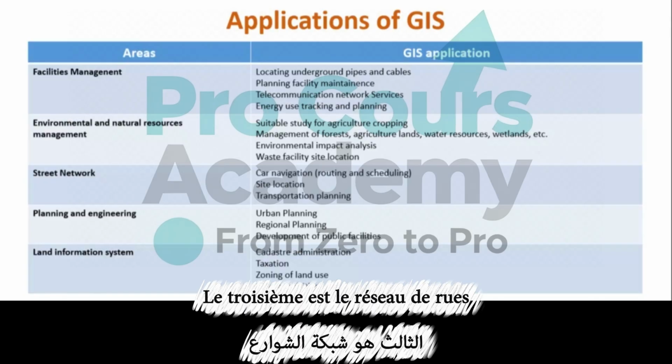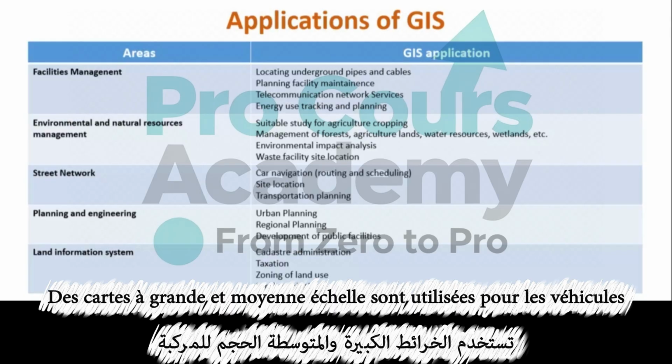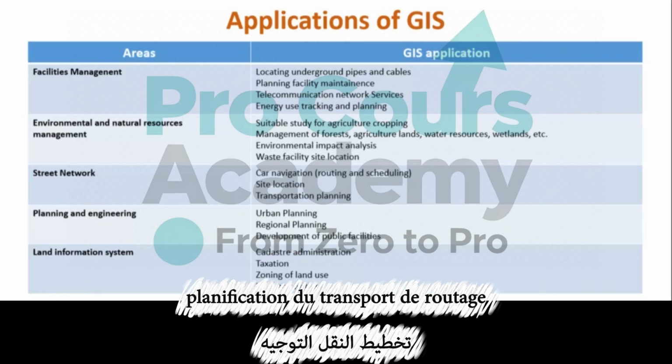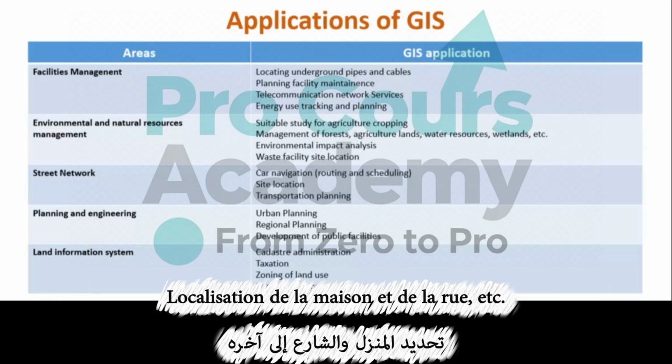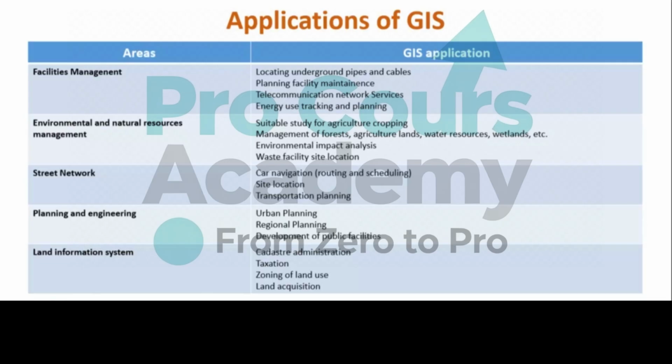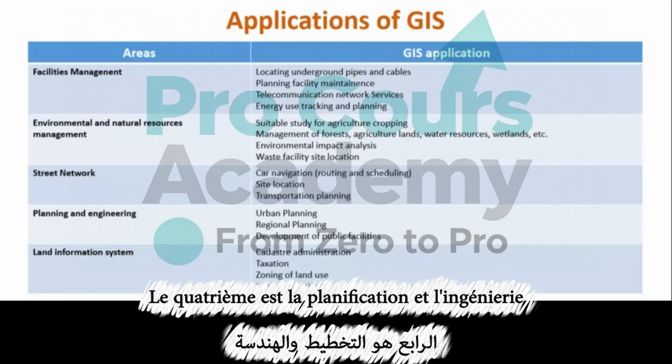Third is street network. Large and medium scale maps are used for urban transportation planning, locating houses and streets, etc. Fourth is planning and engineering.